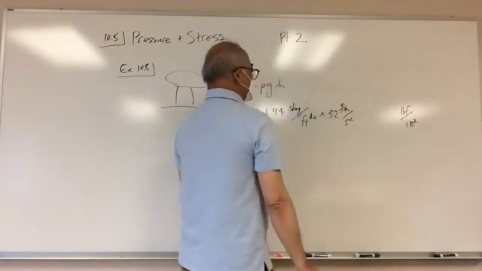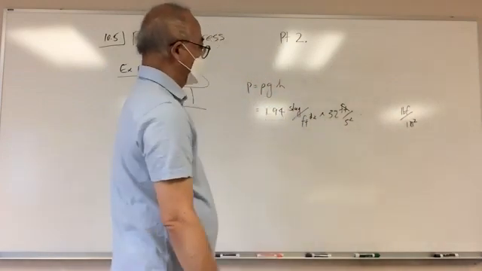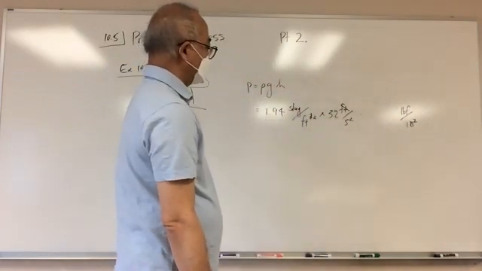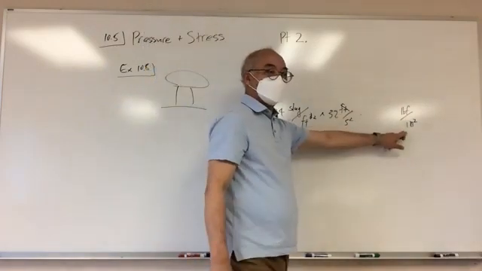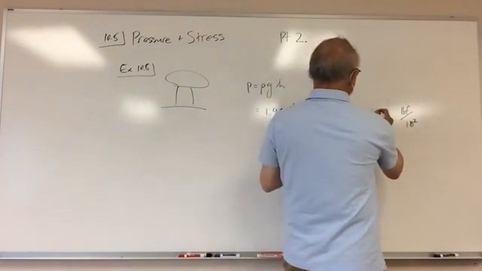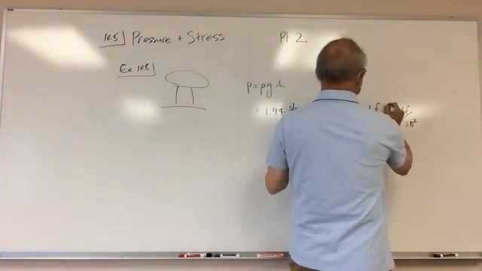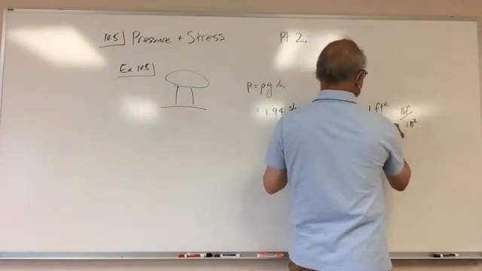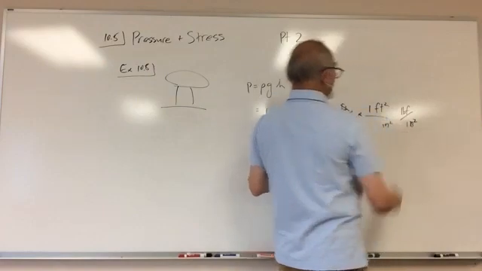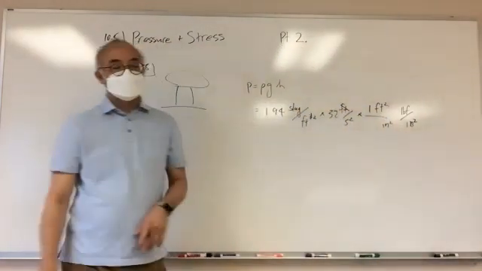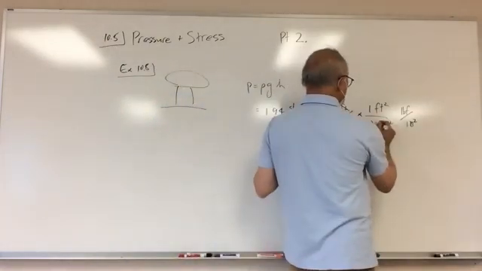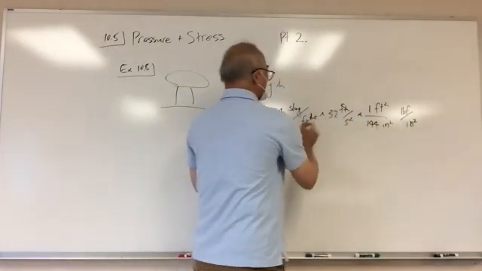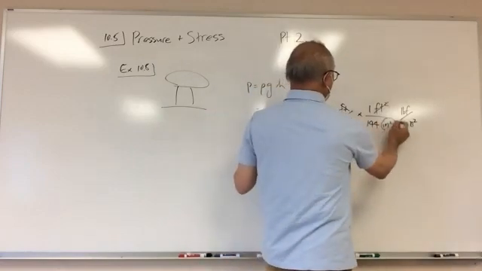I have foot squared there, right? But I need inch squared, right? So I'm going to have to calculate 1 foot squared is how many inch squared? 1 foot is 12 inches, so squared, it's 144. Okay, so now this guy goes away with that. I'm left with that.